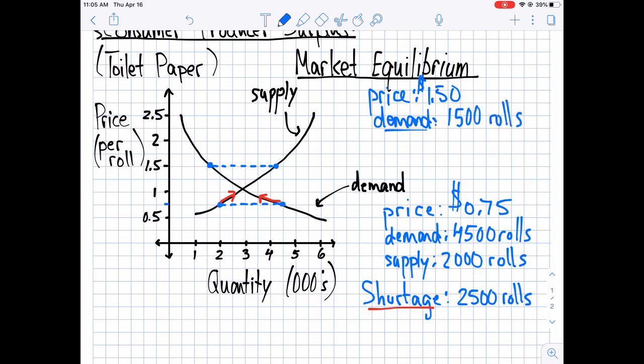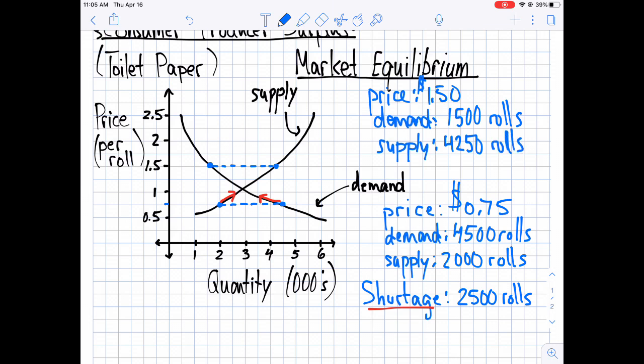And let's take a look at the supply. At $1.50, this right here would be our supply. Maybe that's 4,250, maybe somewhere around here. So that's going to be 4,250 rolls.